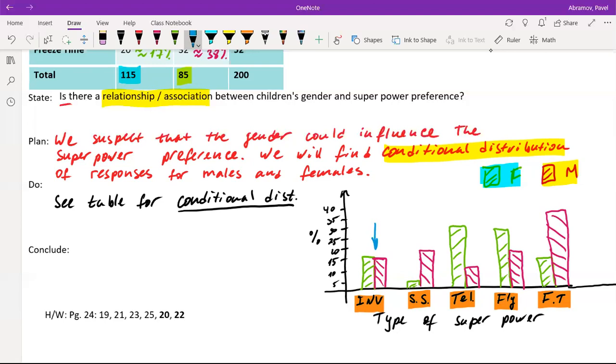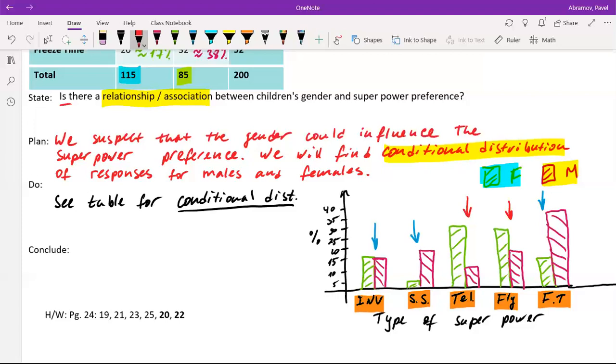For example, boys are much more likely to pick super strength or freezing time. We can see that there is a big discrepancy between males and females here. On the other hand, we can also see that girls are more likely to pick telepathy or the ability to fly.